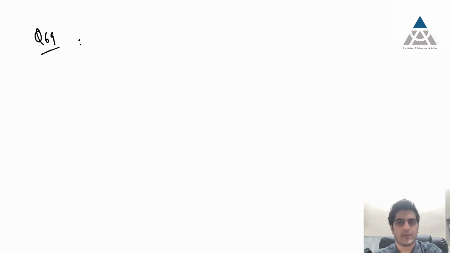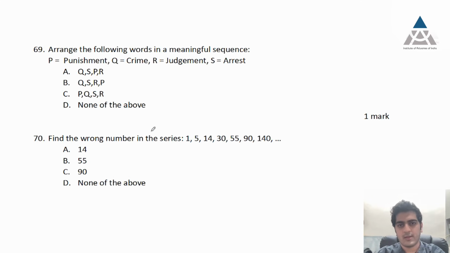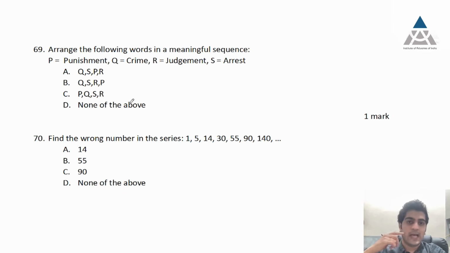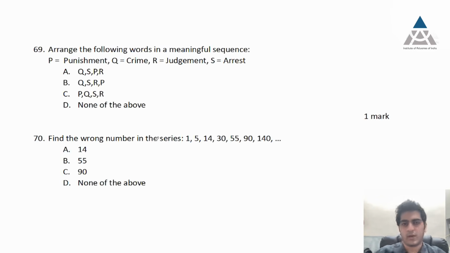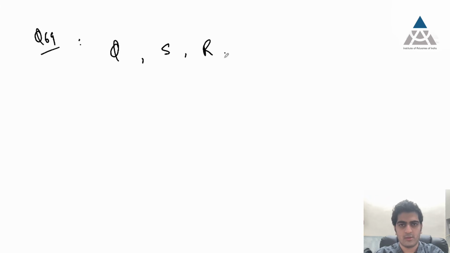Let's say I steal something. If I'm stealing something, the first would be the act of stealing, which is the crime. So Q is first. Then I will be arrested because the police will find that I was the one who stole it. Then I will have a court hearing, and in that court hearing, there will be a judgment that, for example, I am jailed for 5 years.